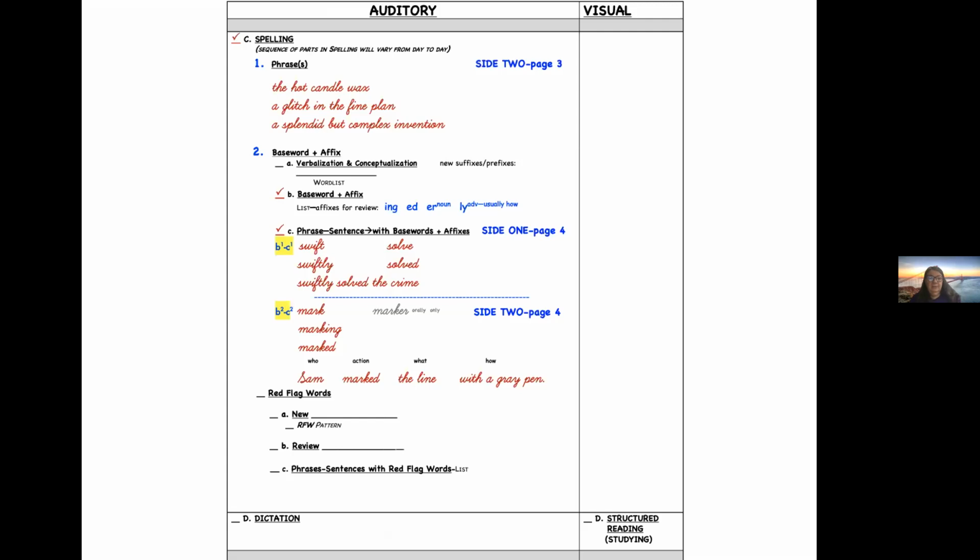No consonant blends, no digraphs. I don't think I'd probably go into all that detail, but that's the reason I wouldn't have them do it: because it's easier for them to do. Okay, and thank you to Ruth and Martha for asking the question and reminding me that I didn't get it quite right. So a glitch in the fine plan.